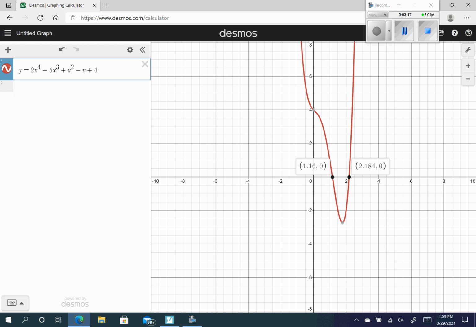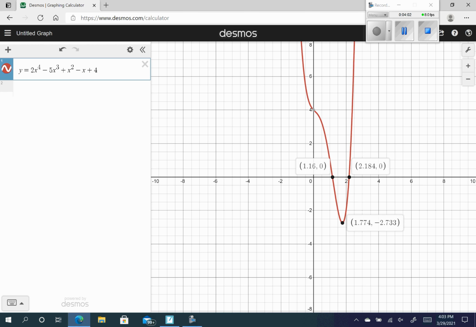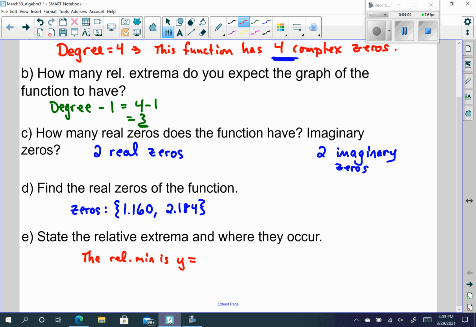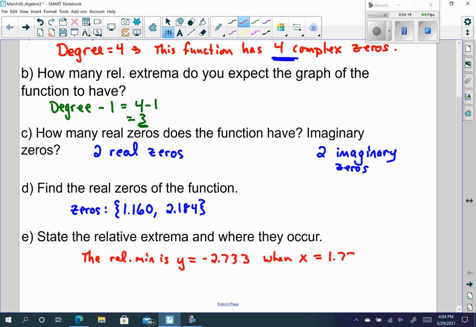Even though we expected 3, we only have 1, and it's a min. So we would say the relative min is y equals negative 2.733 when x is equal to 1.774. That's all we have to state.